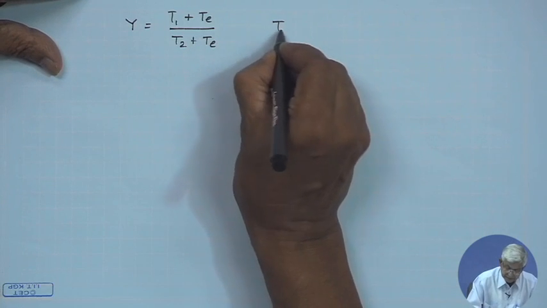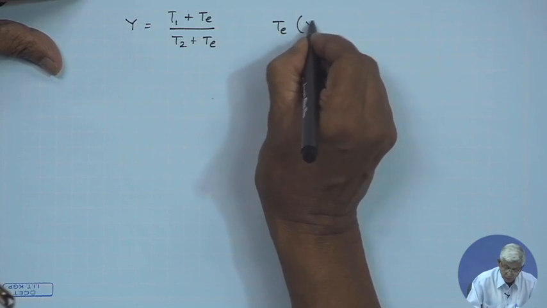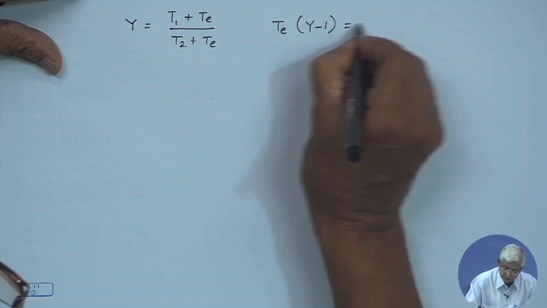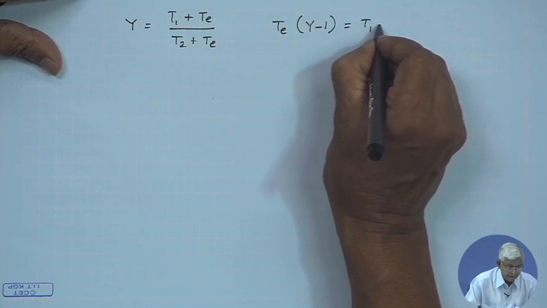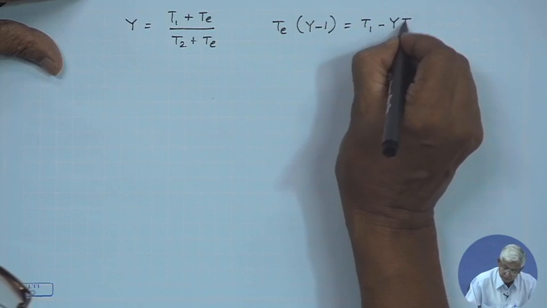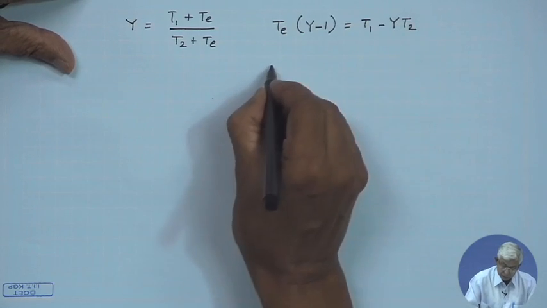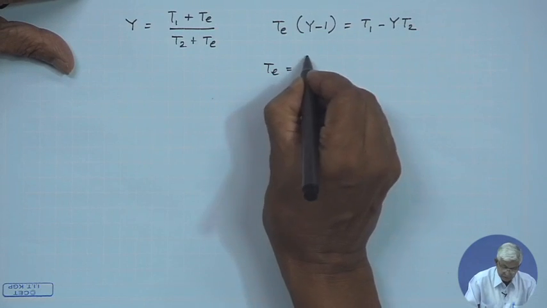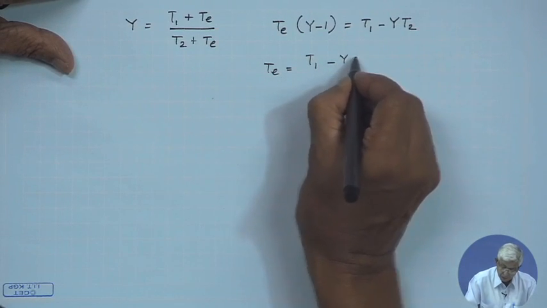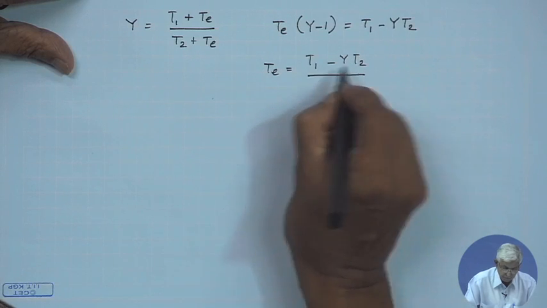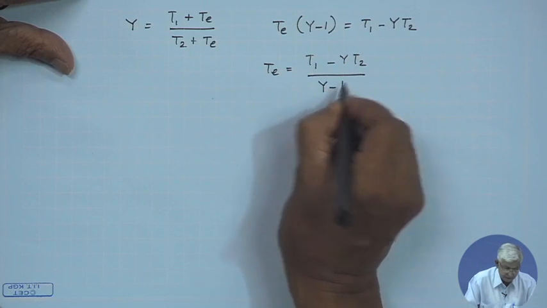So, we can say Te into y minus 1 is equal to T1 minus y into T2. So, Te is equal to T1 minus y into T2 by y minus 1.